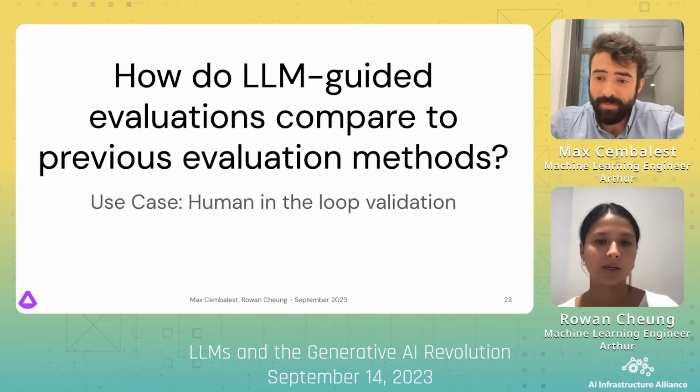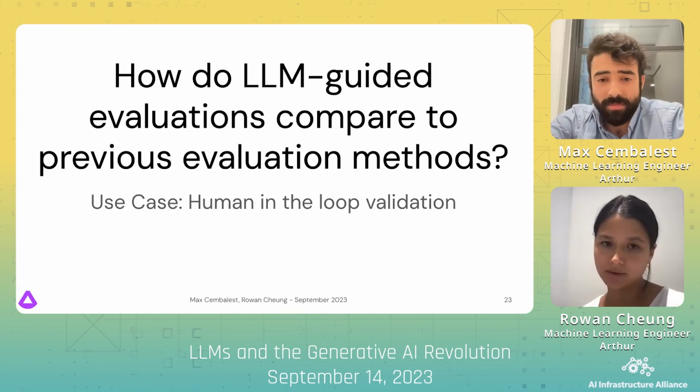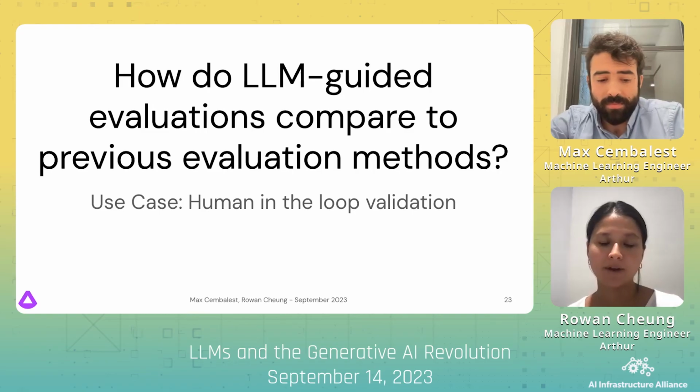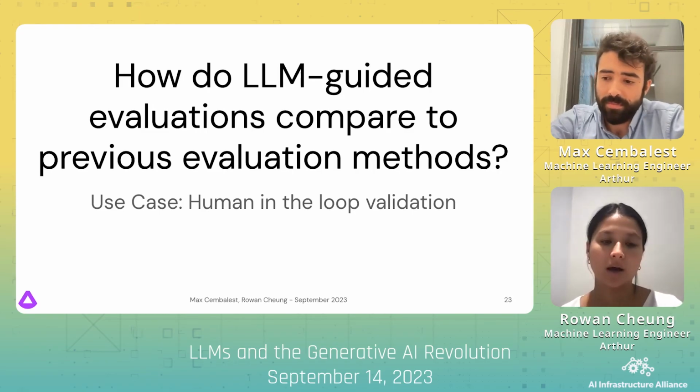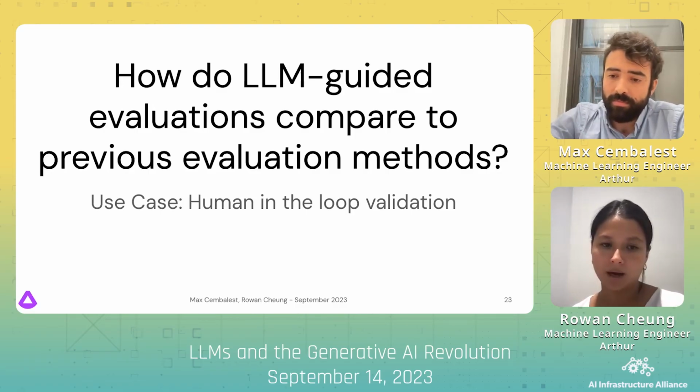So we've seen some of the challenges in developing LLMs to be used as evaluators. We wanted to take a step back and say how effective can these be, specifically for the use case of human-in-the-loop validation, and how usable are they compared to some of the previous evaluation methods that we covered in the background.